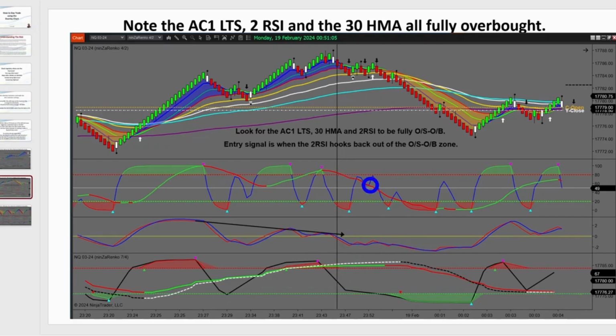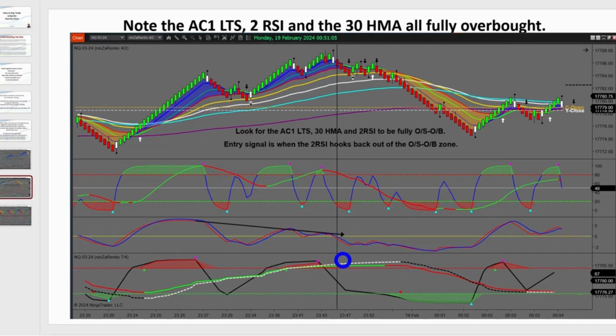And by the way, you then had a T10, and then finally we roll back over. You then have a bit of a reversal just there. So look for the anchor chart 1 long-term stochastic, 30 HMA and 2 RSI to be fully overbought or oversold. The reason I put that there is that it can be a really good indication of a potential reversal.